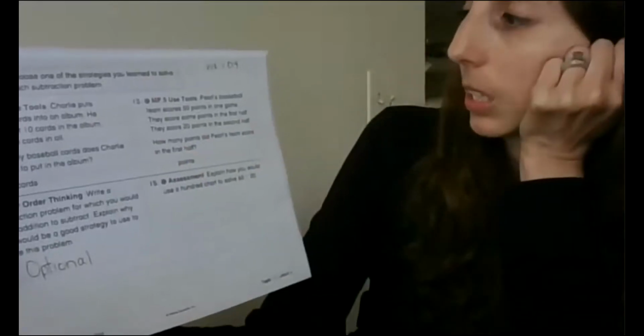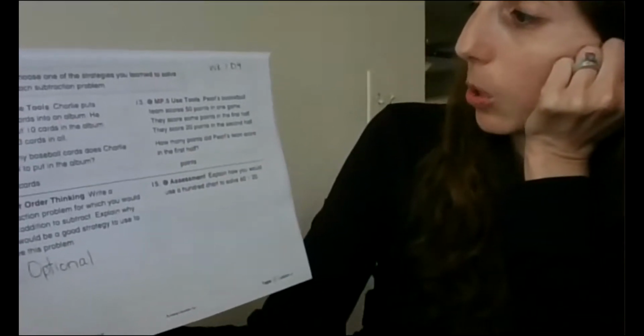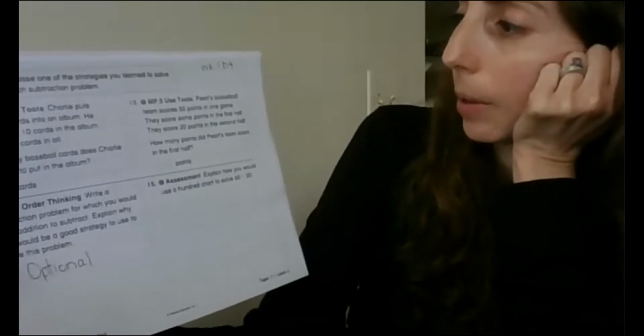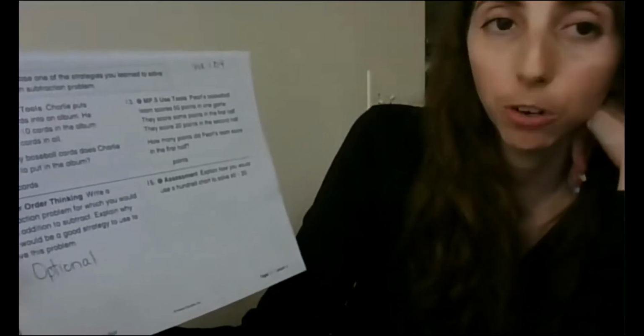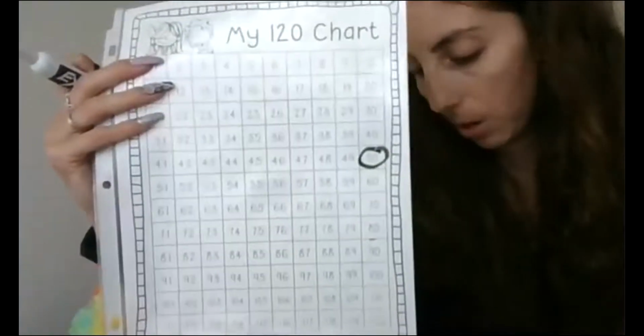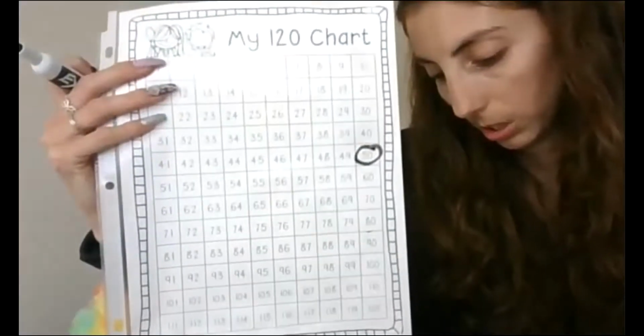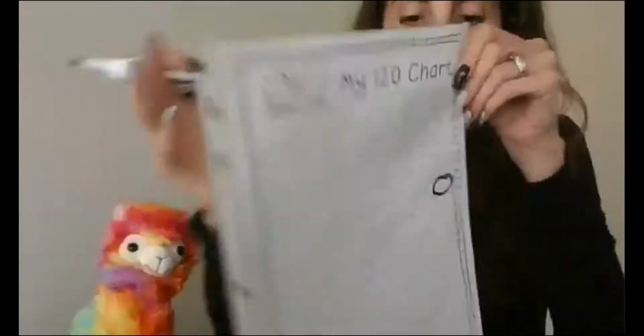So number 13 says, Pearl's basketball team scores 50 points in one game. They score some more points in the first half. They score 20 points in the second half. How many points did Pearl's team score in the first half? Well, I'm going to get out my 120 chart, and I'm going to circle 50, okay? And I'm also going to circle, let's see, 20.